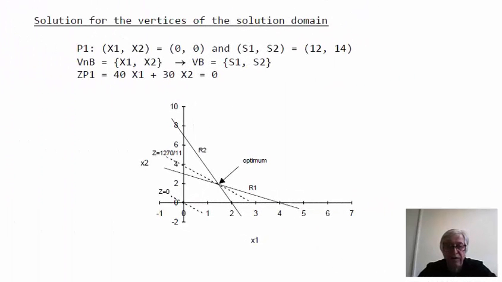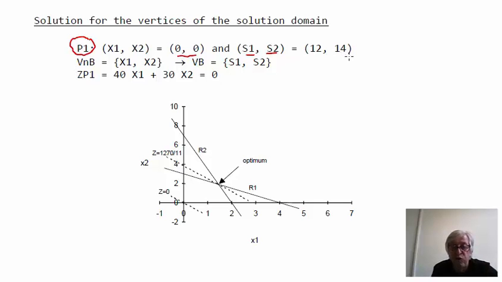So let's check the first vertex, the point in which x1 and x2 are 0. Of course, we know that the solution of the decision variables at that point, which we call point 1, is 0, 0. And if we consider x1 and x2 equal to 0, the system of equations will give us this solution: s1 is 12 and s2 is 14.